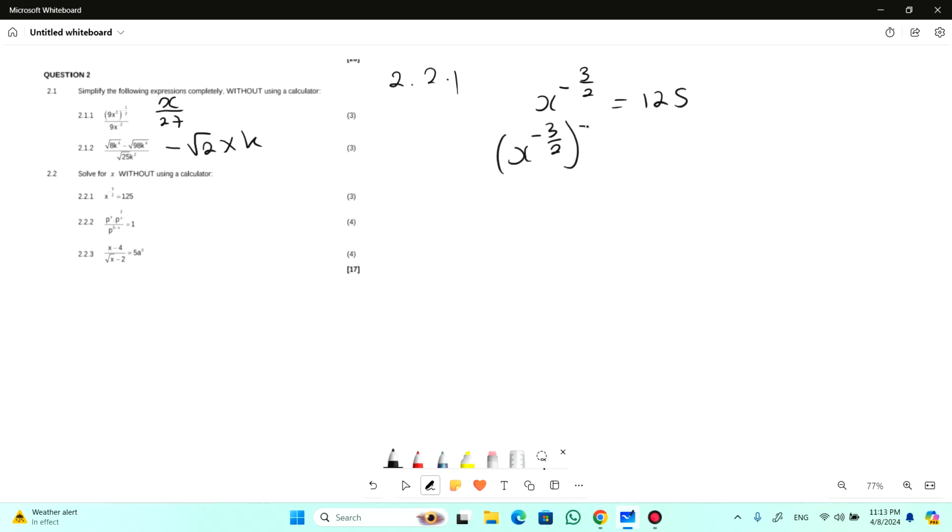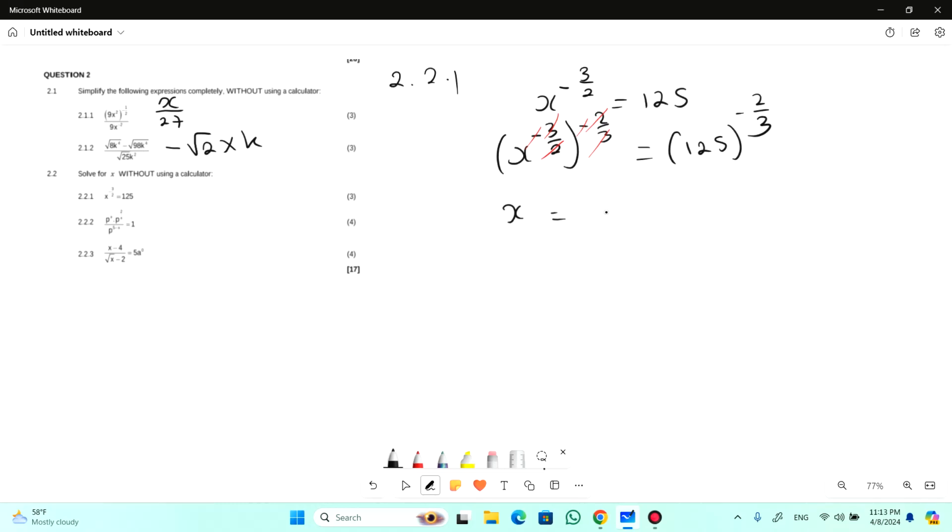So meaning I can say, well, negative 2 over 3, I do the opposite. Whatever I do on the left, I do on the right. Negative 2 over 3. Now you see that the 2 and the 2, the negative, the 3 and the 3. So we are left with x.